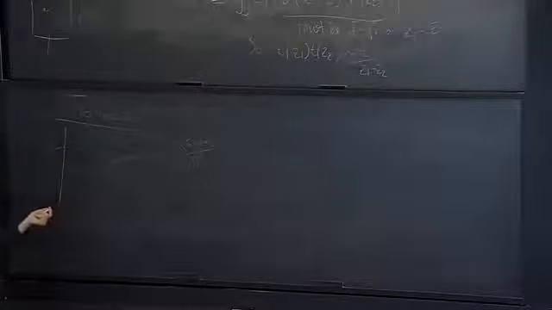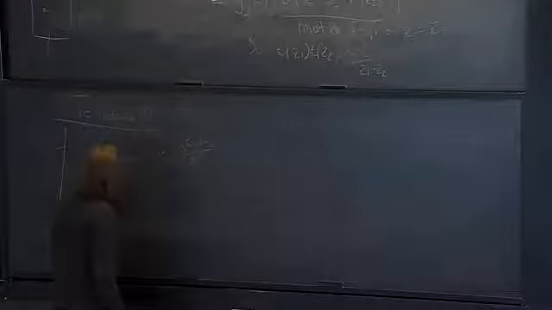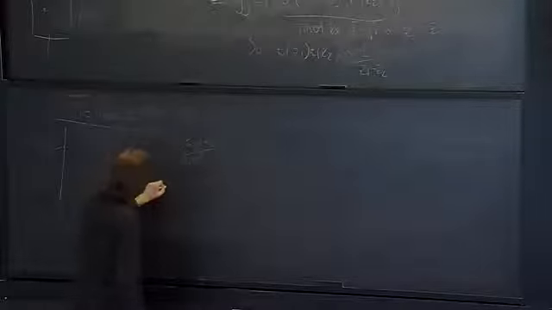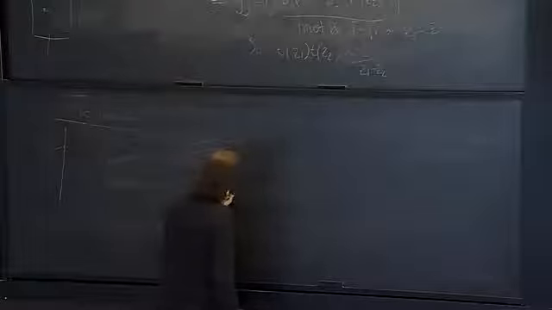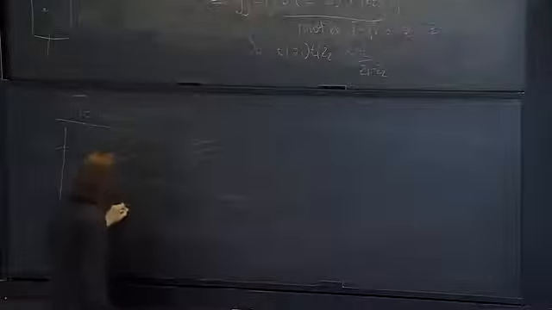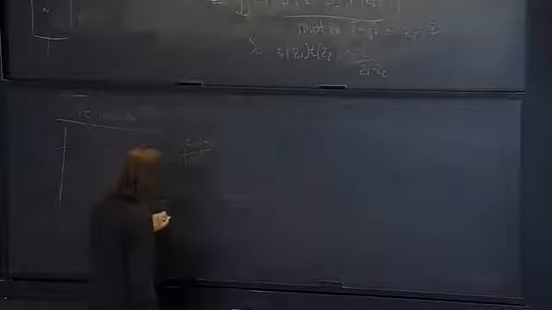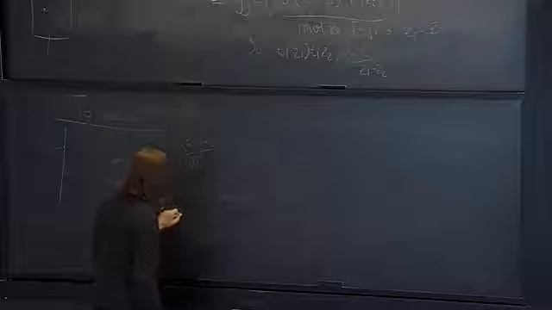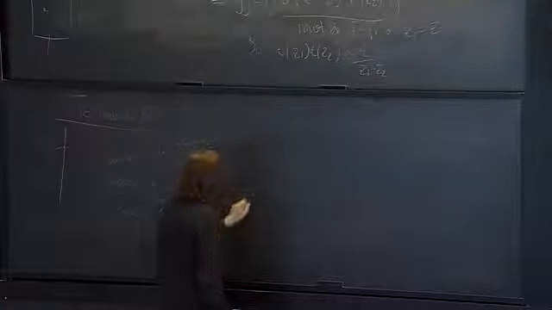Let's do an example. Suppose we wanted to compute that the 2-point function of the current looks like 1 over z squared times n.